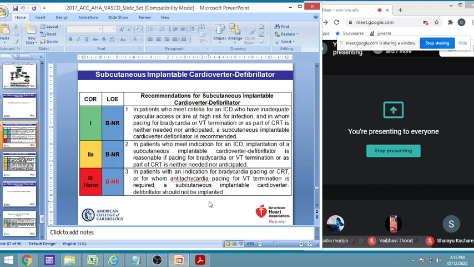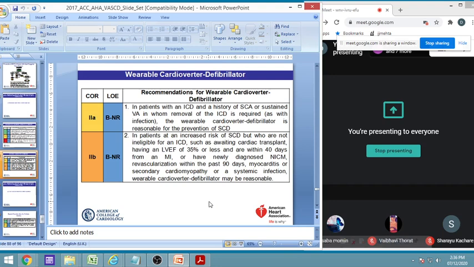In patients who meet the indication for ICD, implantation of a subcutaneous ICD is reasonable if pacing for bradycardia, ventricular termination or part of CRT is neither needed nor anticipated. So these are the conditions in which we can use these agents.